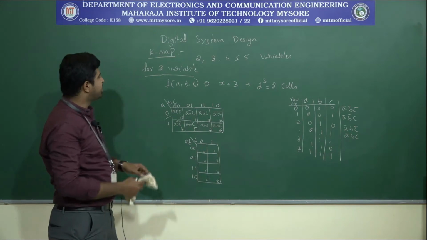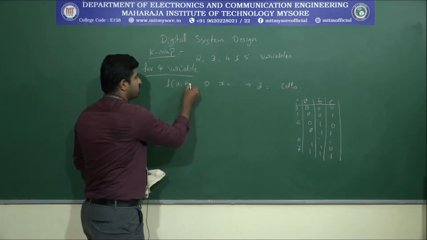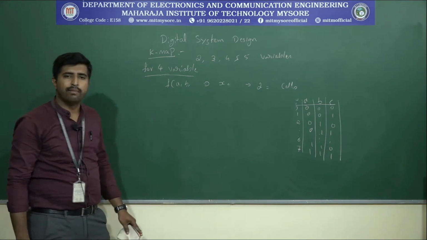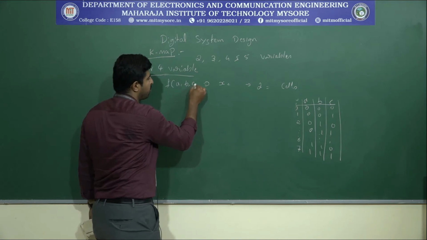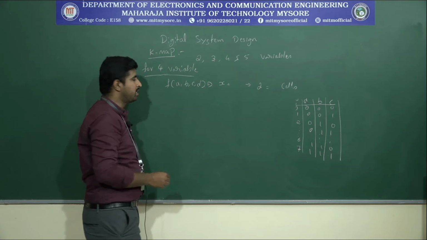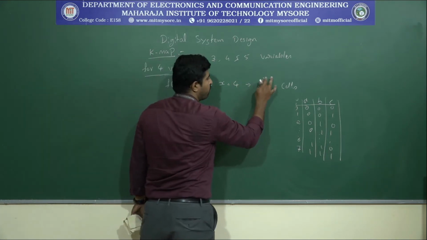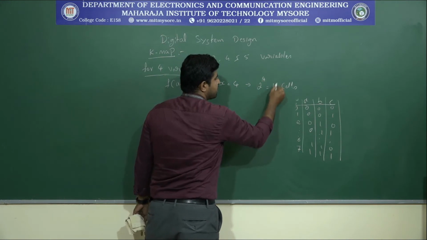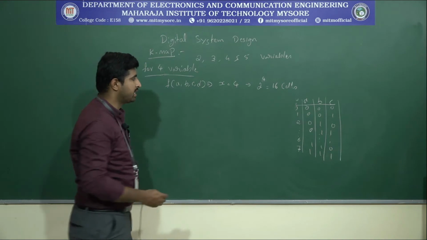Now let's see how the K-map will look for 4 variables. Let's consider a 4 variable function, f of a, b, c, d. That means n equals 4, that is 2 to the power of 4, so 16 cells will be there. So how will the K-map look?